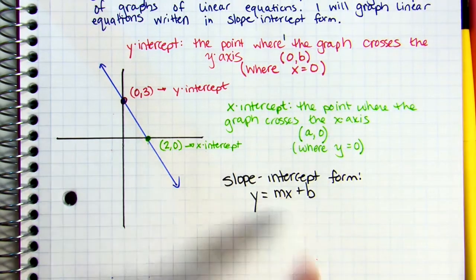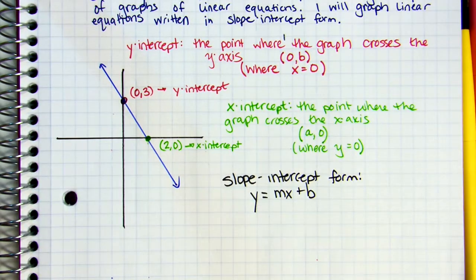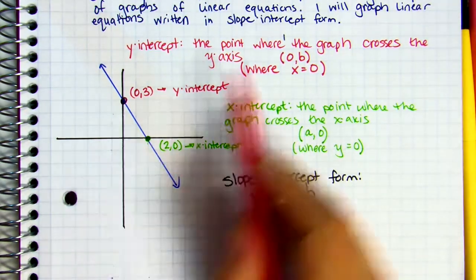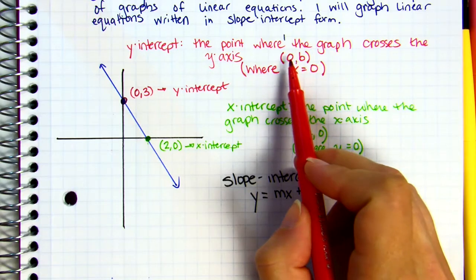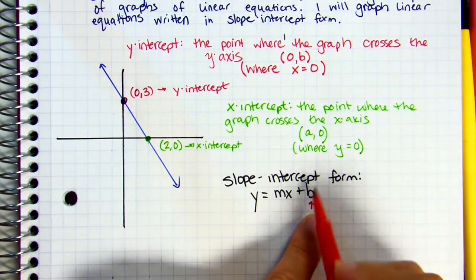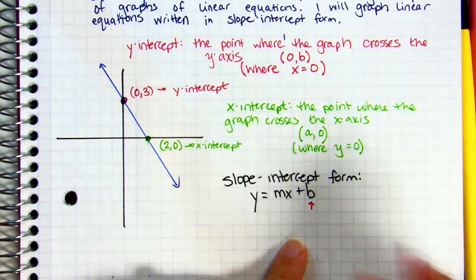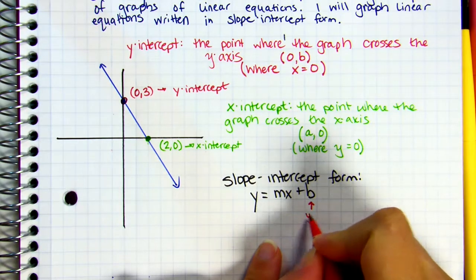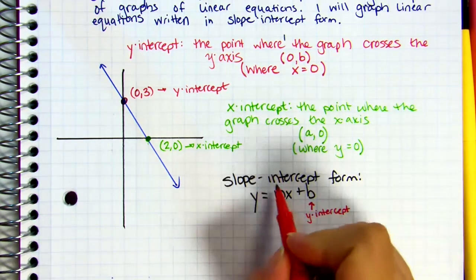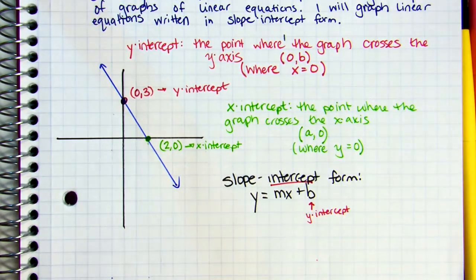So slope-intercept form we love because it gives us two very, very important pieces of information. You'll see a b here. It's not a coincidence that this is 0, b. So this number, this constant that we're going to have at the end of slope-intercept form, that is the y-coordinate of our y-intercept, which is why it's called slope-intercept form.